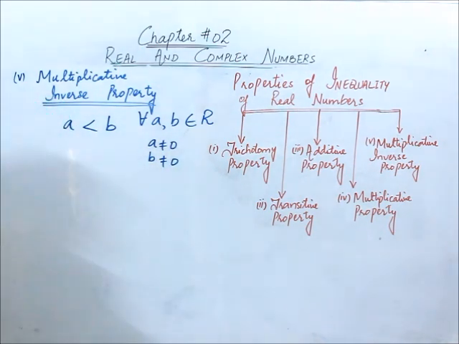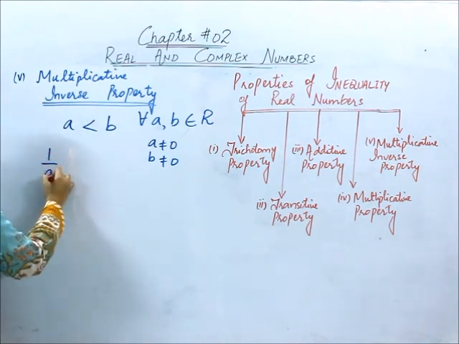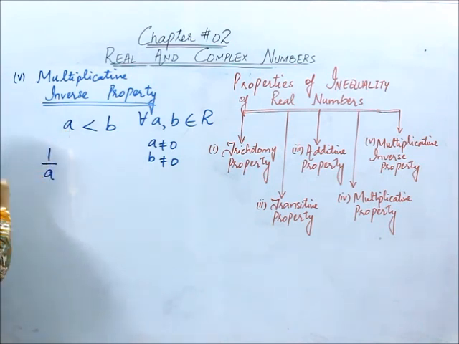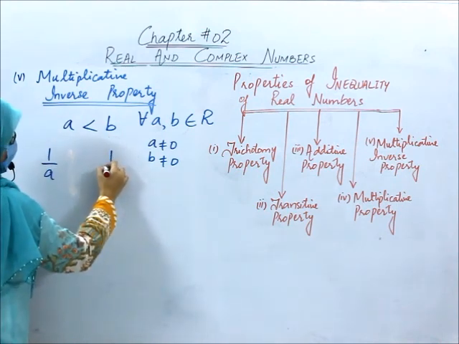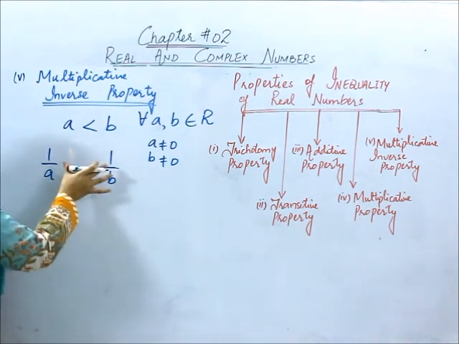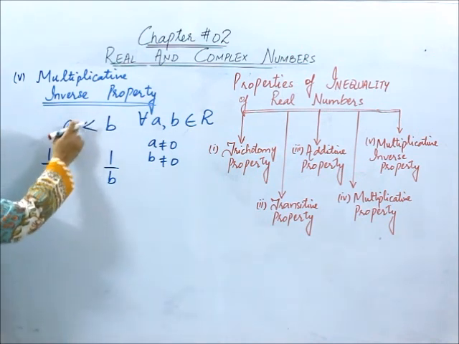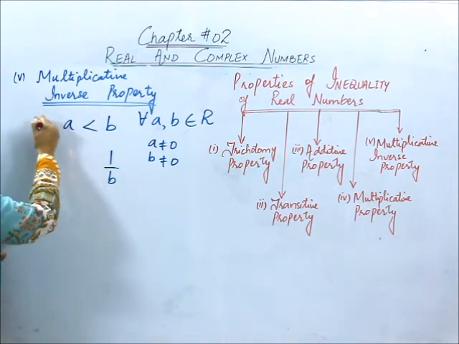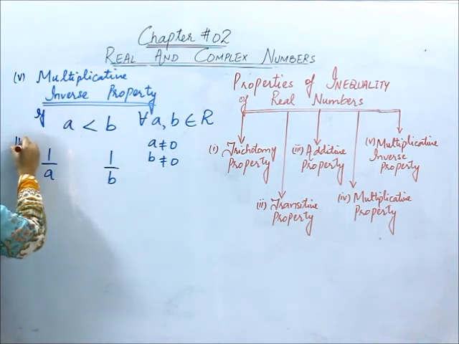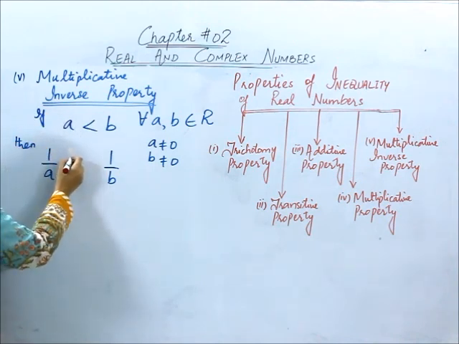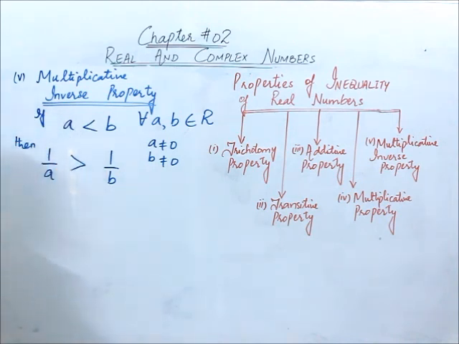They are non-zero numbers. So multiplicative inverse says that inverse of A is 1 over A. Inverse of B is 1 over B. The relation among the inverses would be the reverse of this relation. That is, if A is less than B, then 1 over A would be greater than 1 over B.